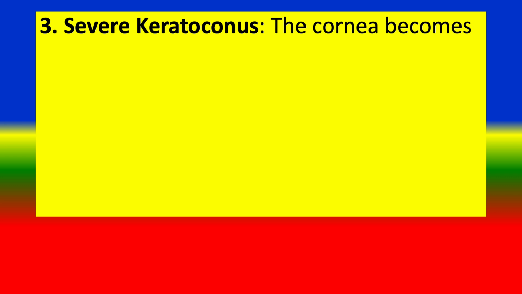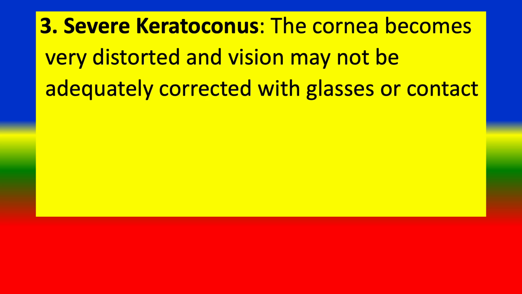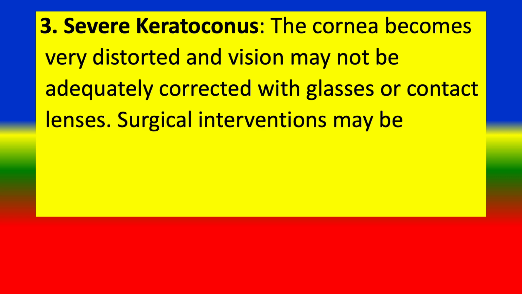Severe keratoconus. The cornea becomes very distorted and vision may not be adequately corrected with glasses or contact lenses. Surgical intervention may be necessary.